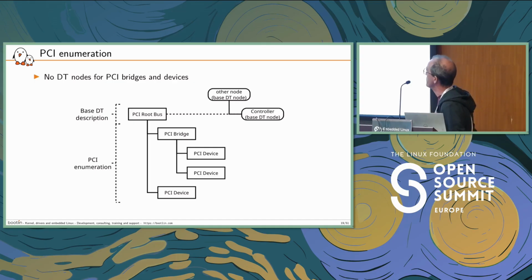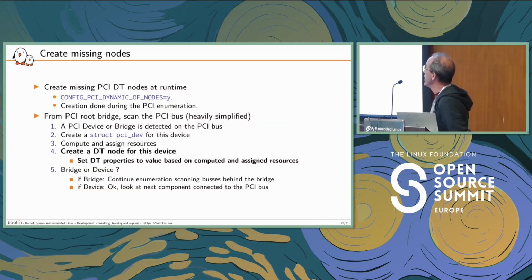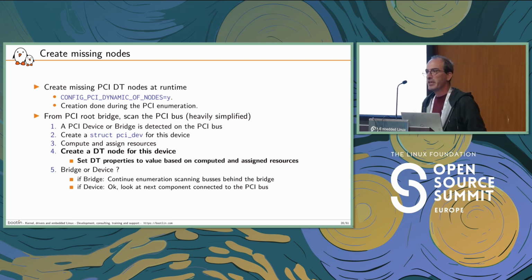So we have the base description, and thanks to the PCI enumeration, we have the bridges and devices that appear. And of course, no device tree related to those items. The idea was to create a runtime device tree node just after computing and assigning the resources.